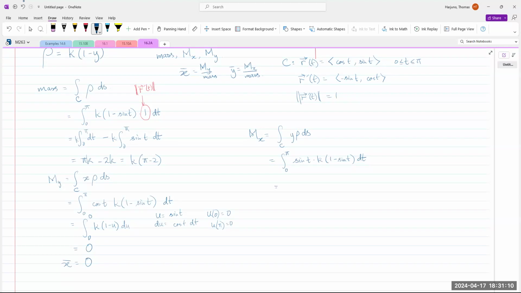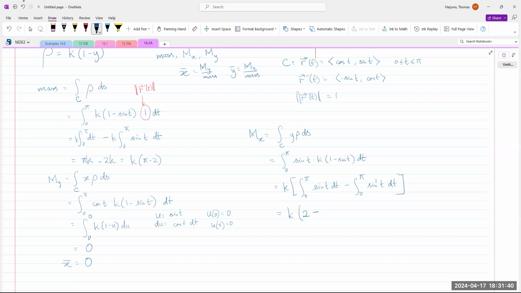Okay, so this is k times the integral from 0 to pi of sine t dt minus the integral from 0 to pi of sine squared t dt. I don't need to split this actually. However, I happen to know the integral from 0 to pi of sine t is equal to 2.